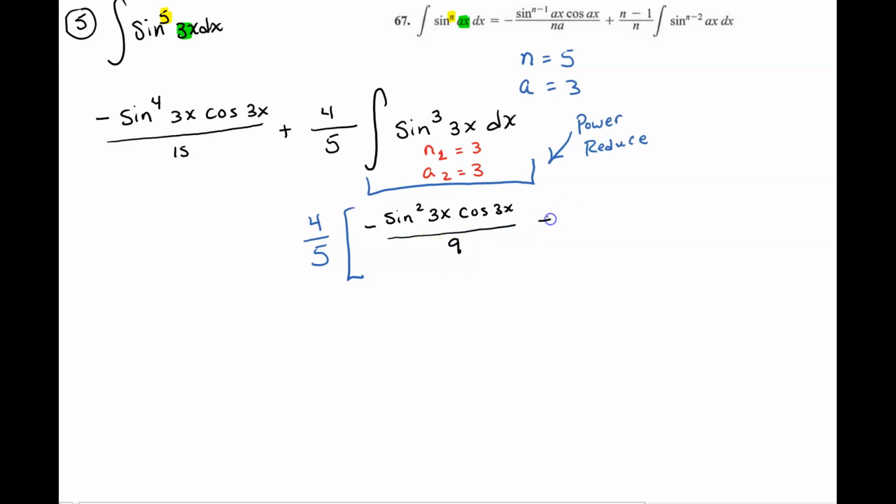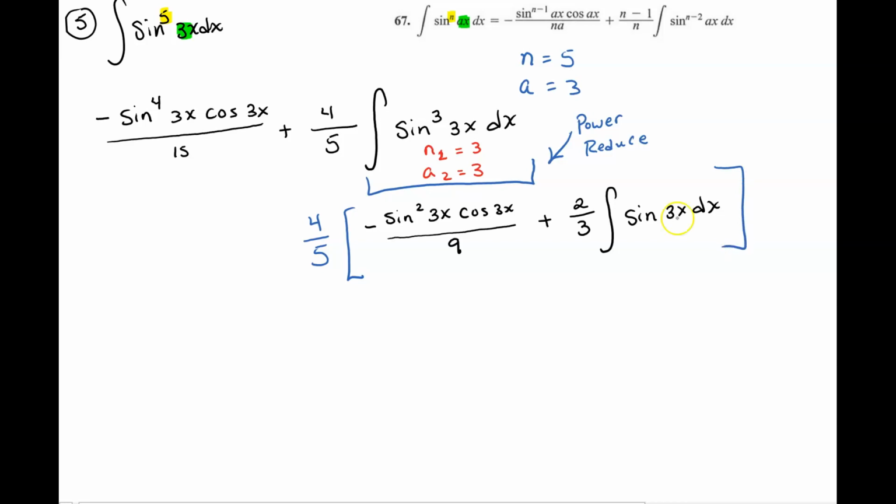Plus n minus 1, so it's 3 minus 1, which is 2 over 3, times the integral, and then we have sine to the n minus 2, so 3 minus 2 is 1, just sine to the first power of ax, so sine of 3x dx. Now we're ready to close off this square bracket.